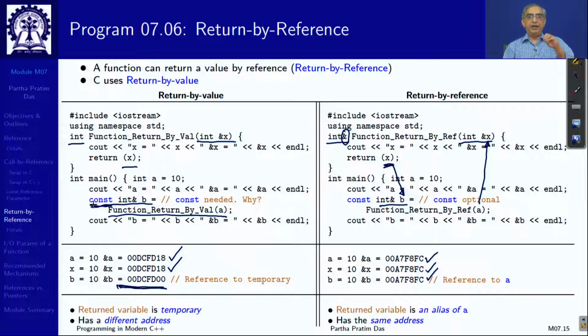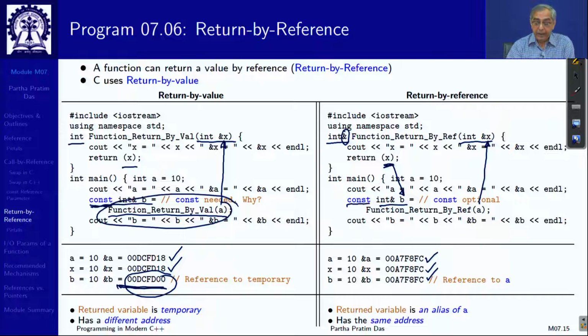So, to give it permanency, I need to make it constant, so that the compiler retains that address, that location, and keeps the value of the function returned by value in that location, and b becomes a reference to that. So, in here x is a reference of a, but b is not a reference of x, but b is a reference to the temporary carrying this entire expression.